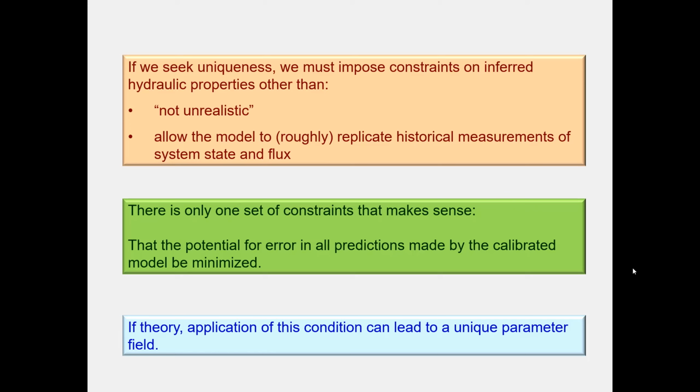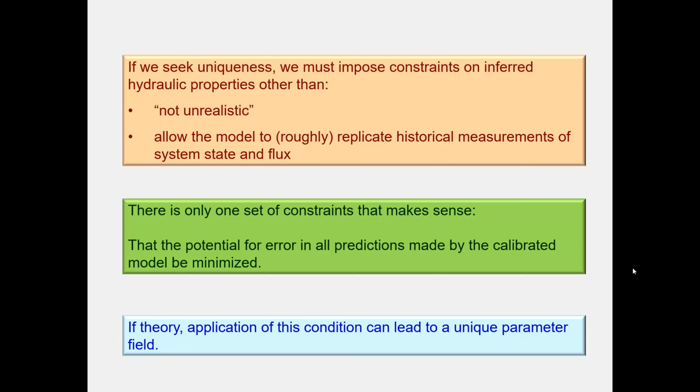That is, we constrain parameters to adopt values that firstly are realistic, secondly allow us to fit the historical behaviour of the system, and thirdly are estimates of the values of hydraulic properties which are minimally wrong. That is, of minimized error variance.